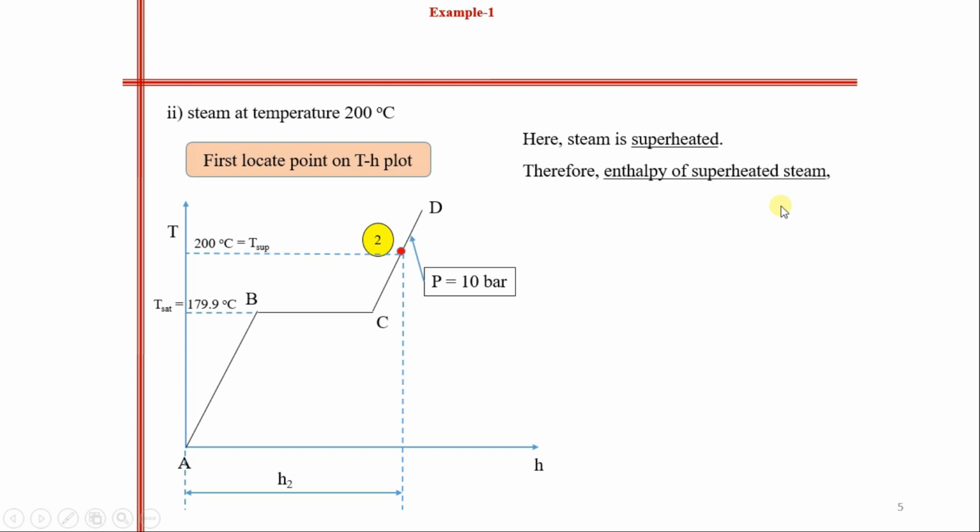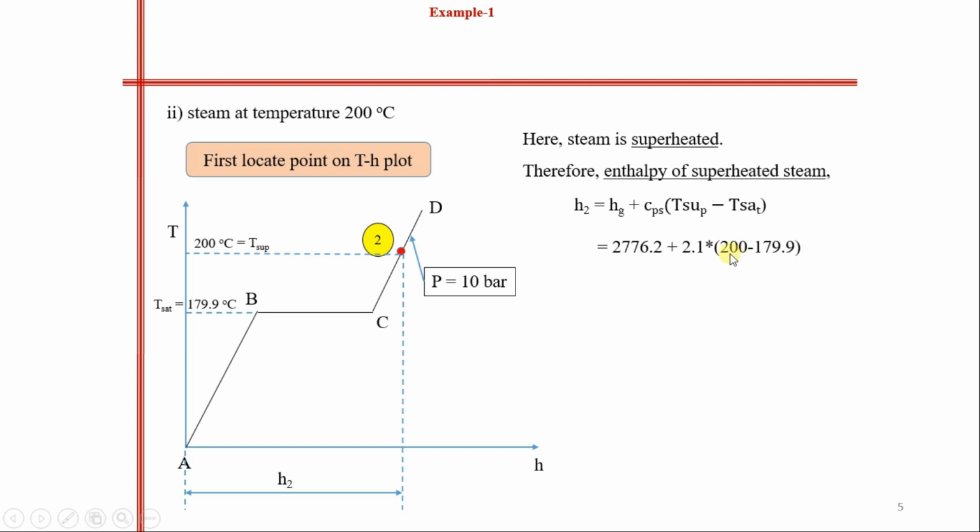Therefore, the enthalpy of superheated steam, meaning the enthalpy of point 2, is Hg, the enthalpy up to point C, plus this remaining portion, that is Cps times (T super minus T saturated). Hg we have already found from the steam table. The value of Cps is given in the data.